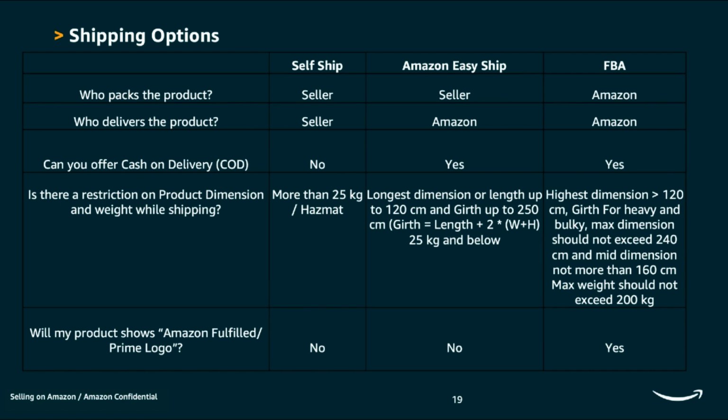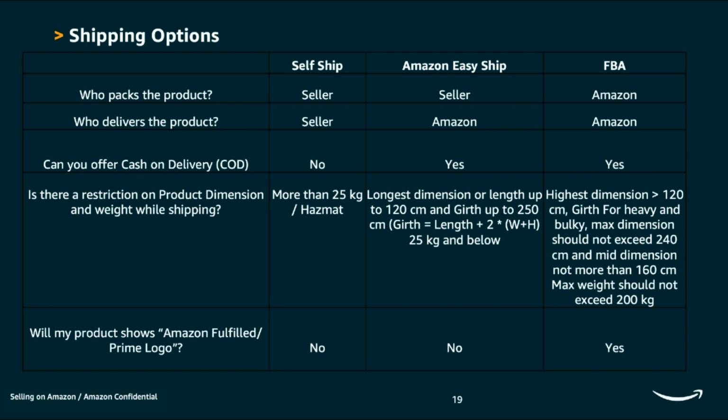Then for FBA, we have the same dimension. The highest dimension should be 120 centimeters, the maximum dimension should not exceed 240 centimeters, and the mid dimension not more than 160 centimeters. The maximum weight for FBA should not exceed 200 kg. For self-ship, there's no maximum kilo because you take care of the delivery.